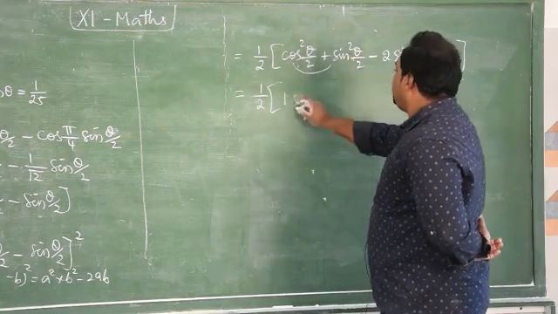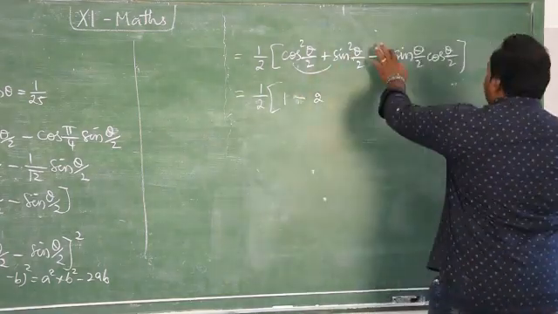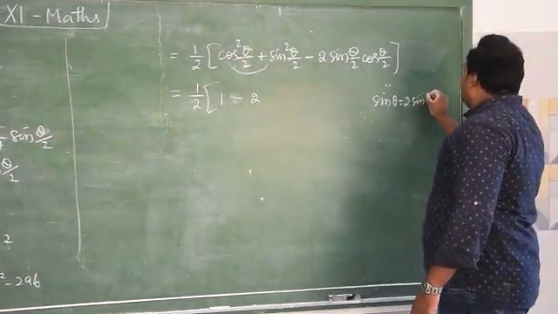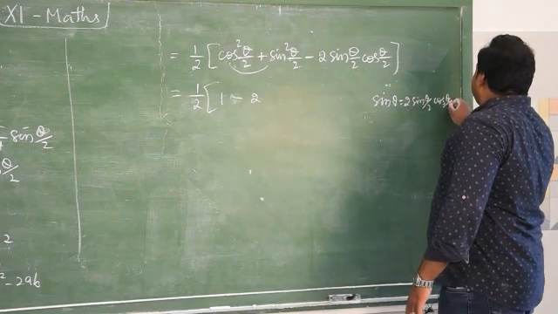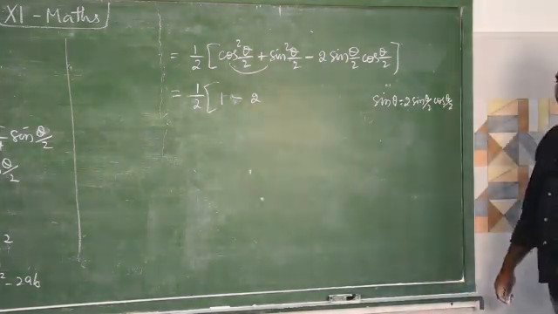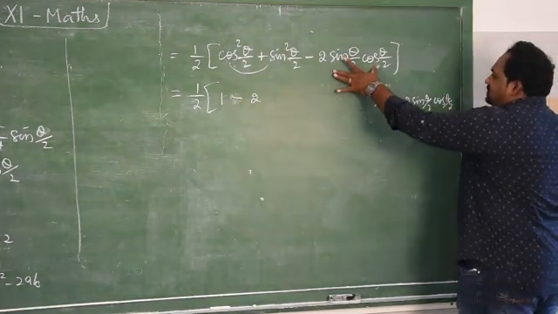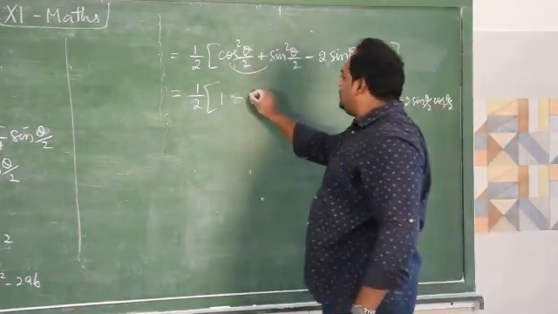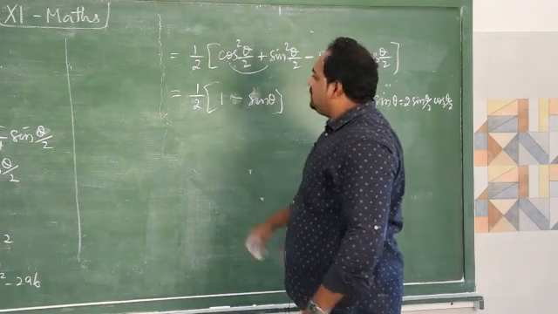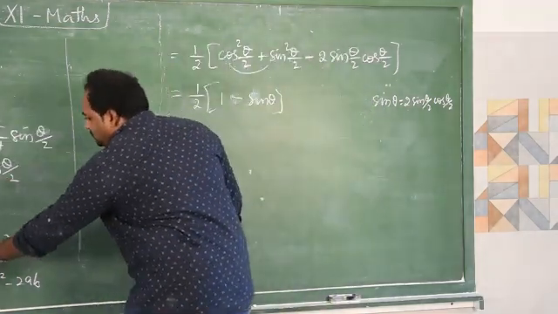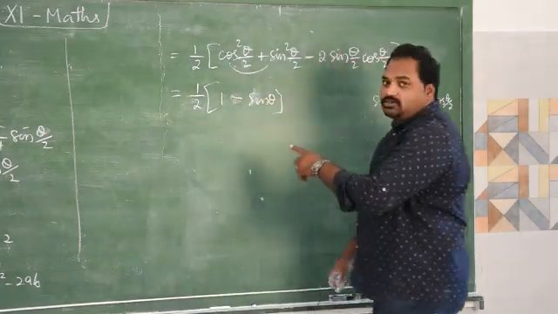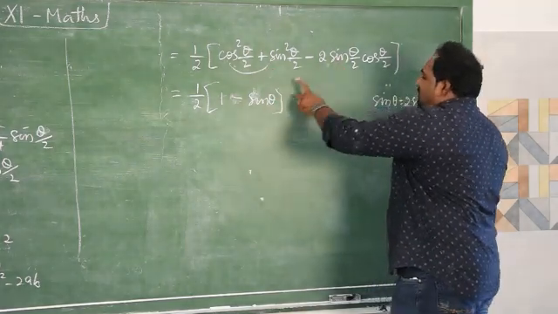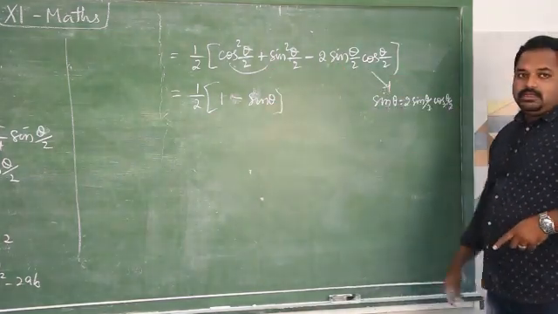So these two terms I am writing as 1 minus 2. Here look at this. We have the half angle formula: sin theta can be written as 2 sin theta by 2 cos theta by 2. This we already know very well. So using this identity, instead of 2 sin theta by 2 cos theta by 2, I can write sin theta, which is the value given. That's why we are using squaring on both sides and then expressing the a minus b whole square formula. Then we are getting this step. After this step, we are getting this 1 minus sin theta, using the half angle formula for sin theta.